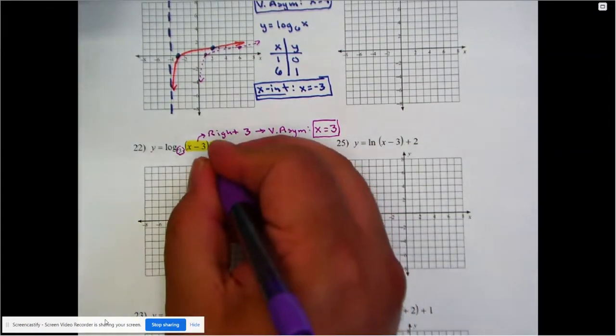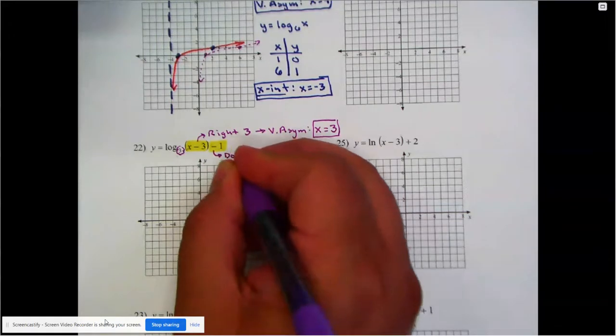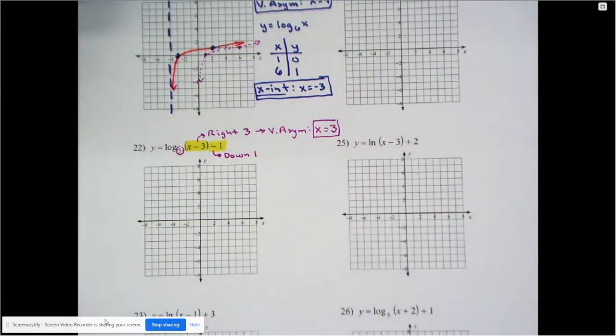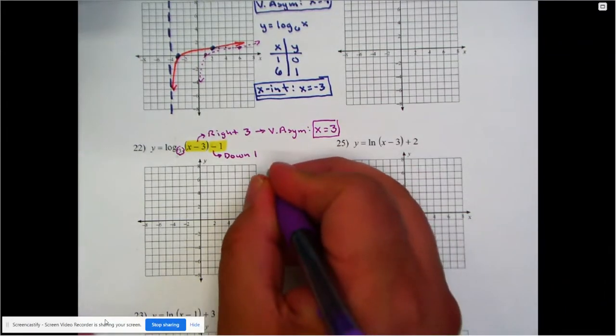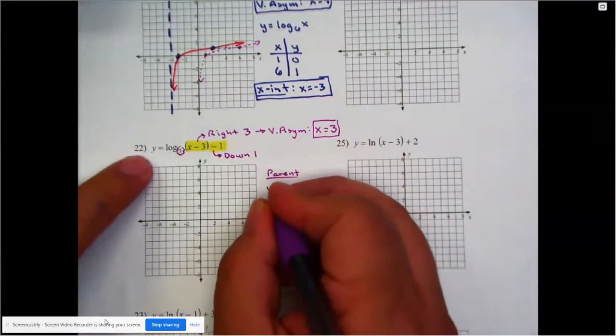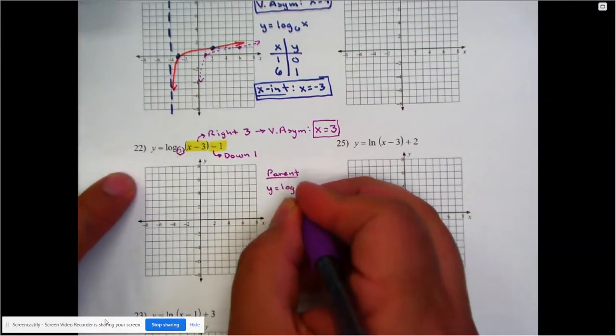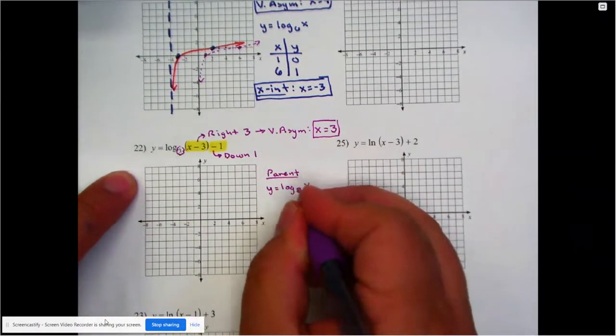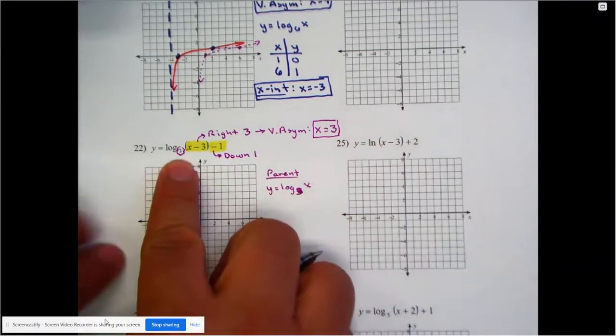And of course, this one just says we're going to move everything down 1. Moving a vertical asymptote down doesn't do much to the graph, so we can leave it like that. All right, here comes the parent function. The parent function is y equals log base 3 of x, my mistake, the 3 there. It's looking above.